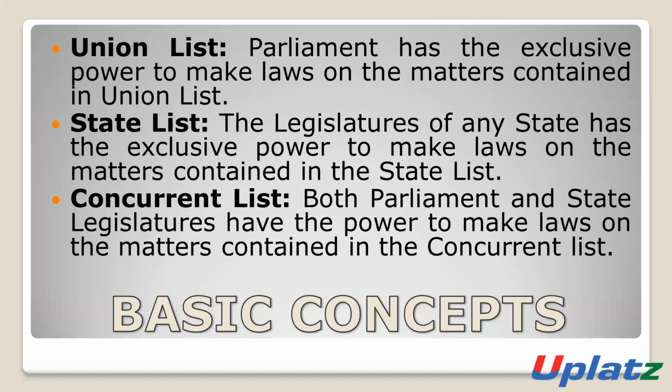The state list provides the exclusive power, containing those matters in respect of which only the state legislature has the power to make laws. Concurrent list, where both Parliament as well as the state legislature have the power to make laws.